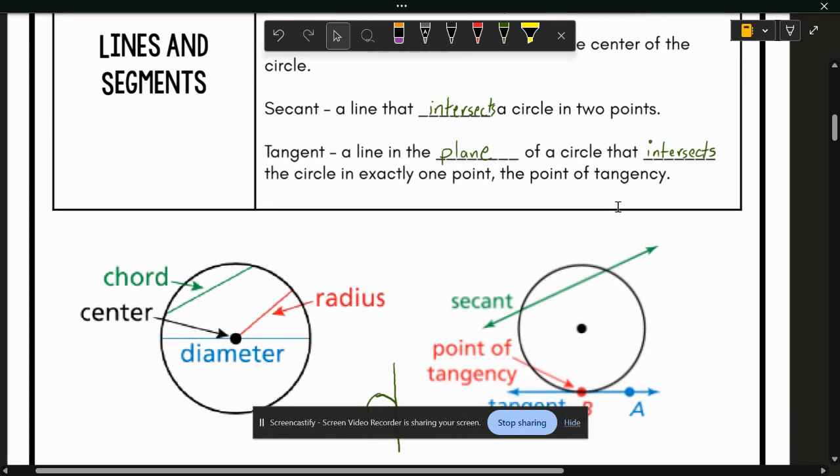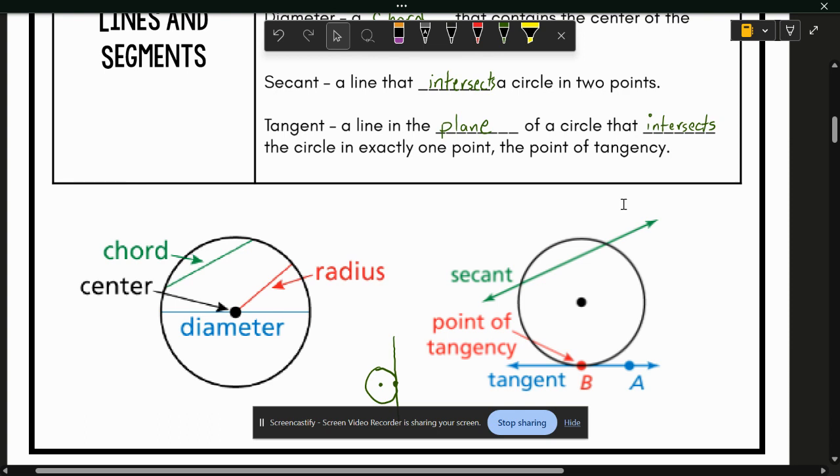So if you take a look at these pictures, right over here is what we're talking about with the line segments. Chord, diameter. Diameter, remember, is a chord because it goes from one endpoint to another, but it goes through the center. And a radius always goes from the center to the outside.